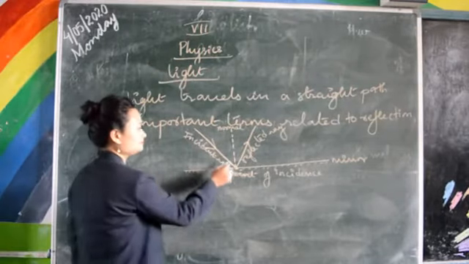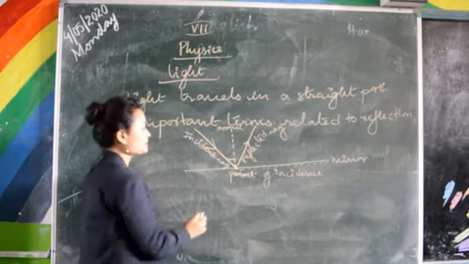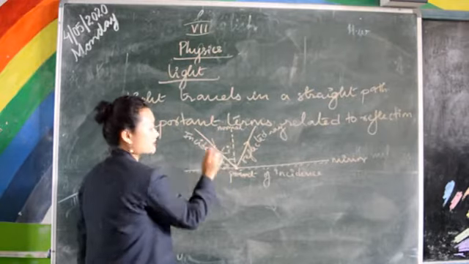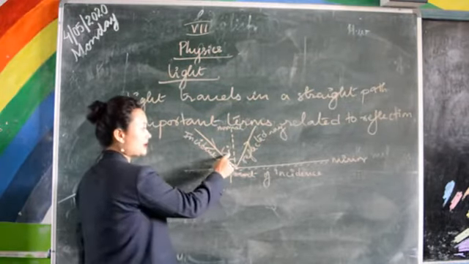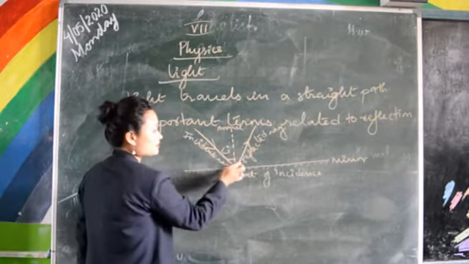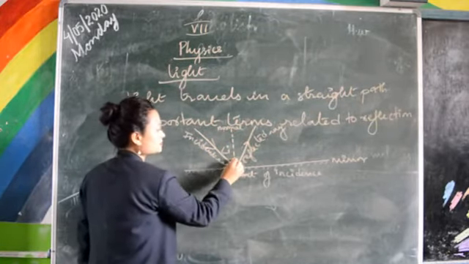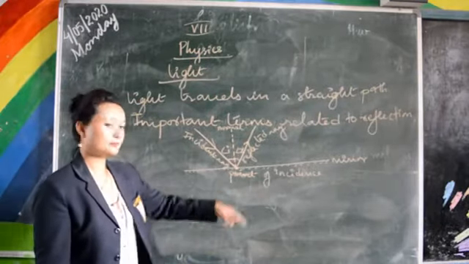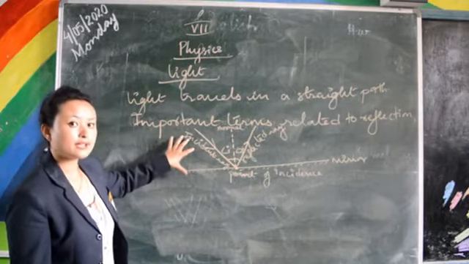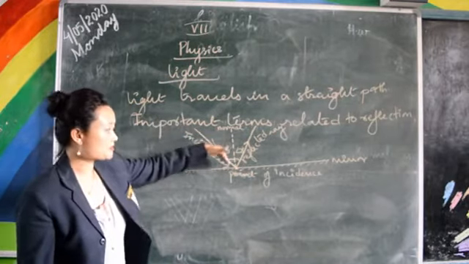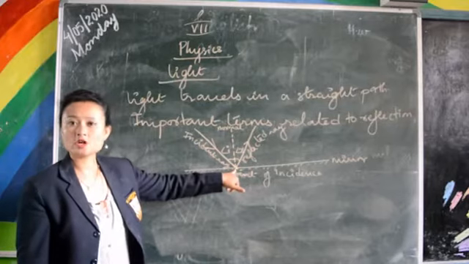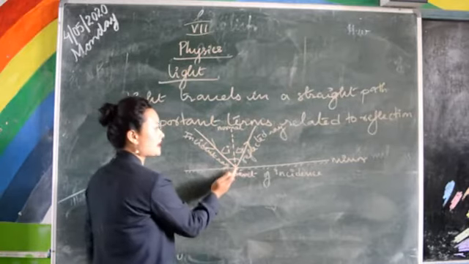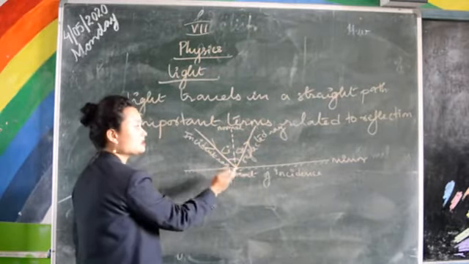Okay, and the angle formed between the incident ray and the normal is called angle of incidence, represented by small i, and the angle formed between the reflected ray and the normal is called angle of reflection, represented by small r. So what is incident ray? Incident ray is a ray of light which strikes the mirror or the plane or smooth surface. What is reflected ray? Reflected ray is the light which returns back after striking the surface.